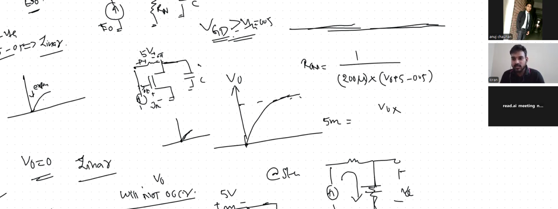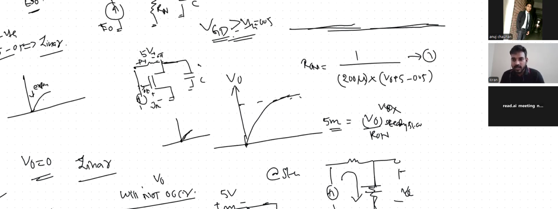This 5 milli is the entire input current flowing. At steady state the entire current flows through R on only.